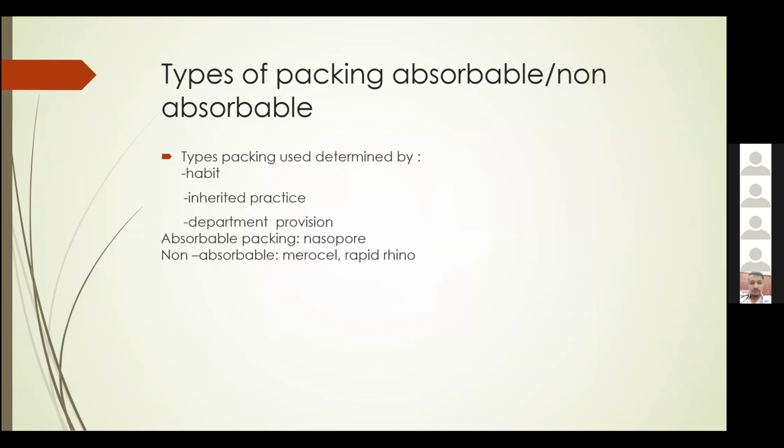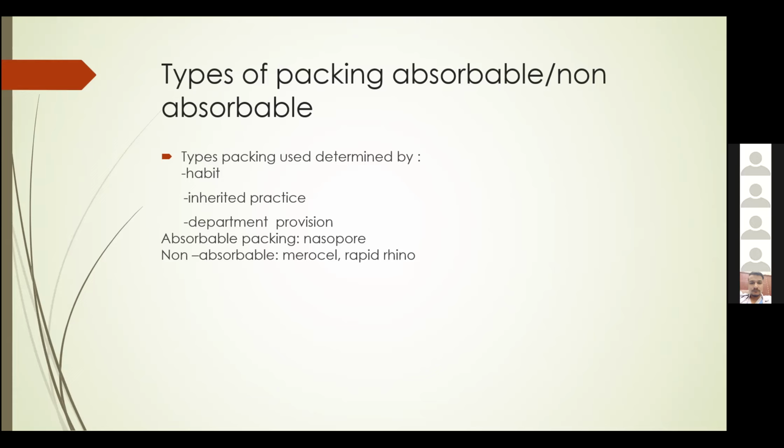Right, so the types of packing that we use are either absorbable, like I said, the nasal pore, or non-absorbable. And the types of packing used are determined by habit, inherited practice, and department provision. So you might walk into the department and say, well, I'm looking for this to pack the nose, and it might not be available because it just depends on what the department is okay with ordering.